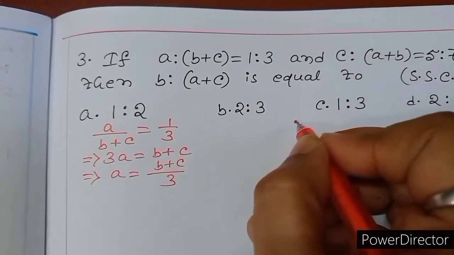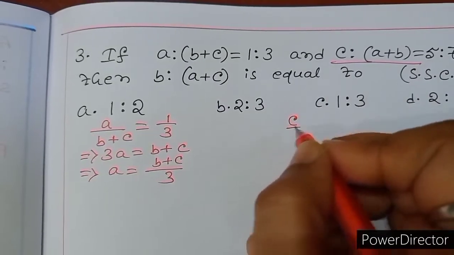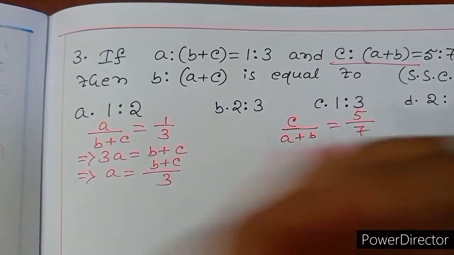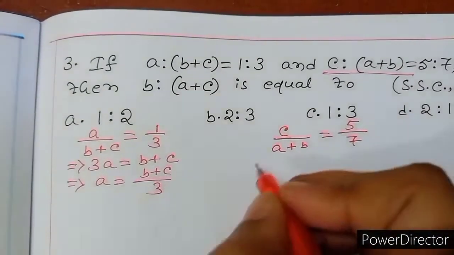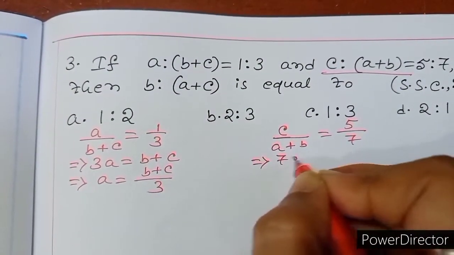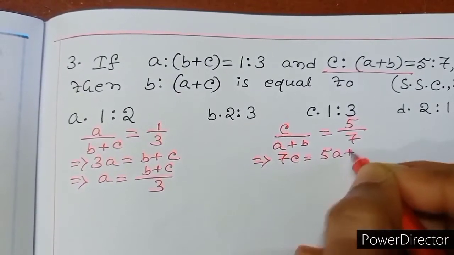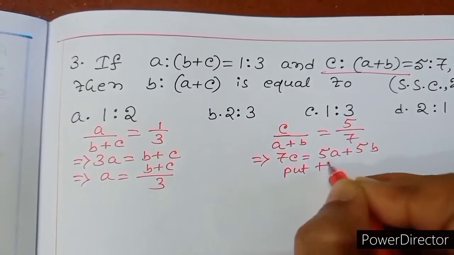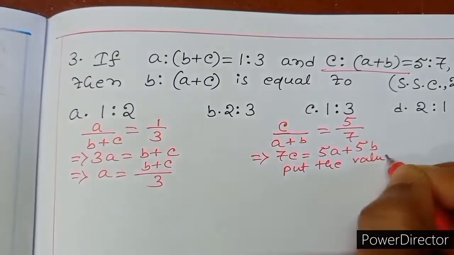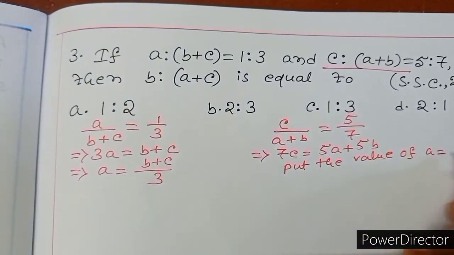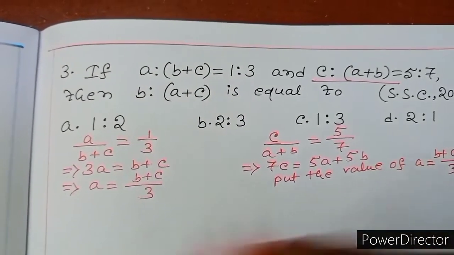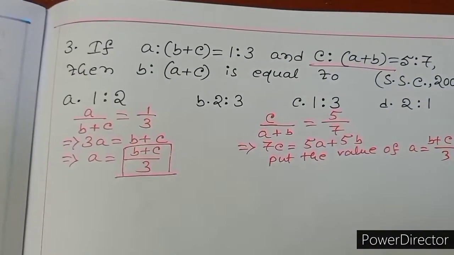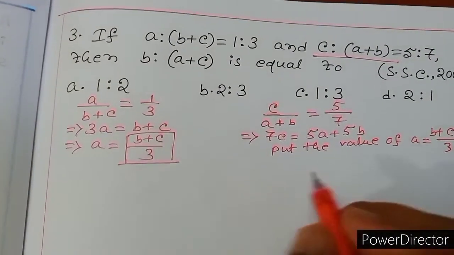And we get the equation C by A plus B equal to 5 by 7, or we can write 7C equal to 5A plus 5B. Then put the value of A equal to B plus C by 3.